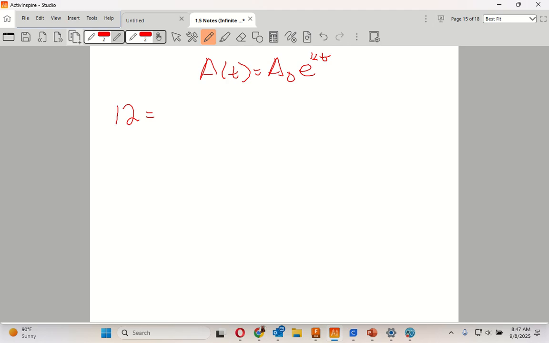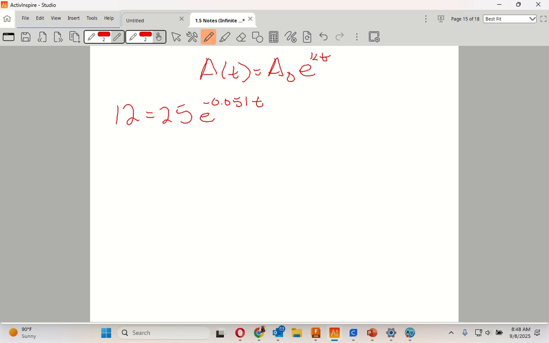What is the A sub naught? 25. That's my initial amount. A sub naught is my initial amount always. So when you see it like that, that's the initial amount, which is 25. And e to the negative 0.051, and my t is my unknown value this time, because it's asking for how long or how much time. What is my time here?